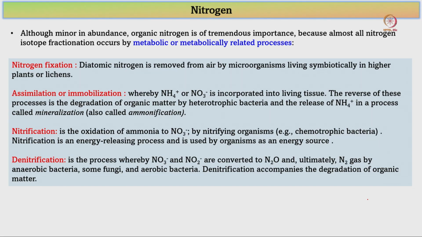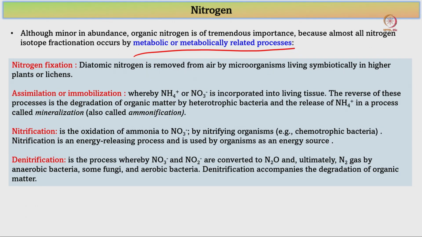Meaning all the fractionation, all the differentiation in the isotopes is mostly due to the metabolic activities that the organic matter is undergoing, and very rarely due to other parameters such as temperature or interactions with inorganic reactions. So, this is mostly metabolic and metabolically related processes.